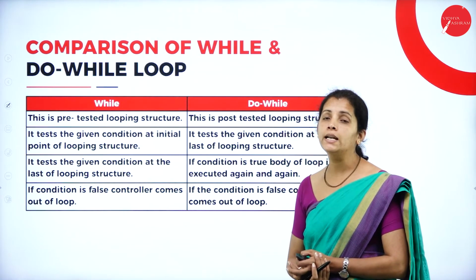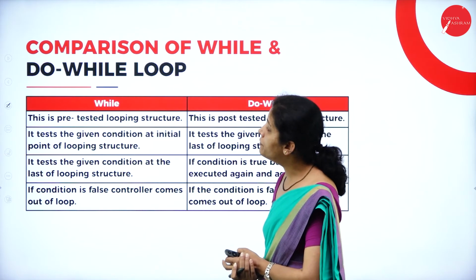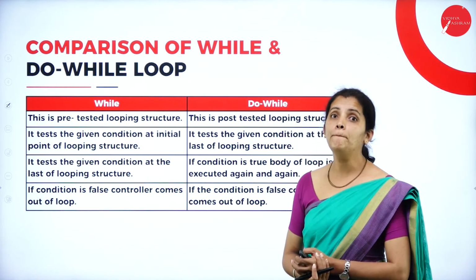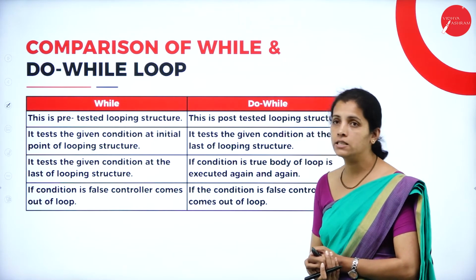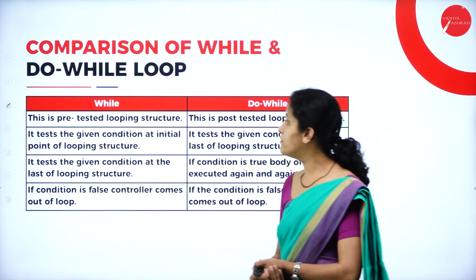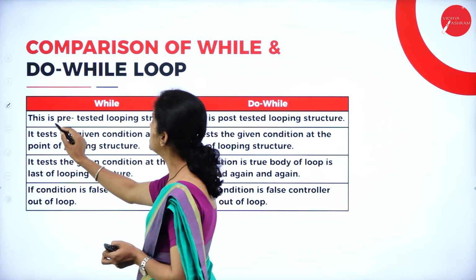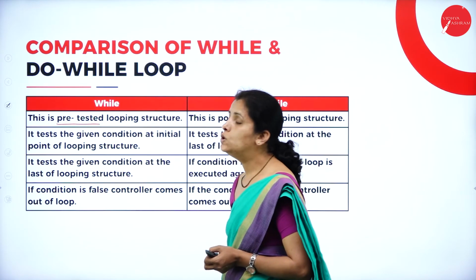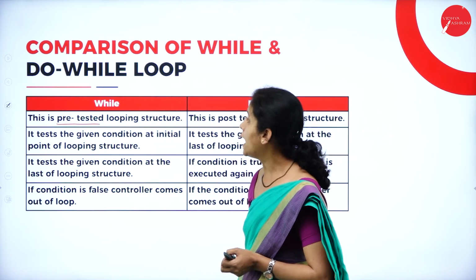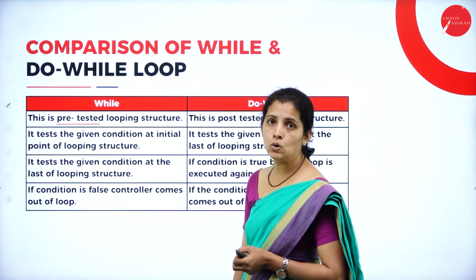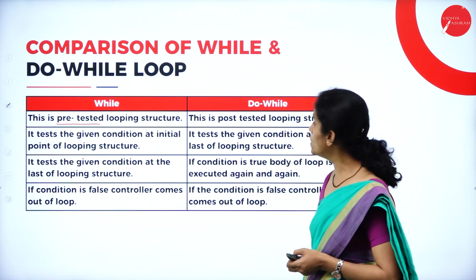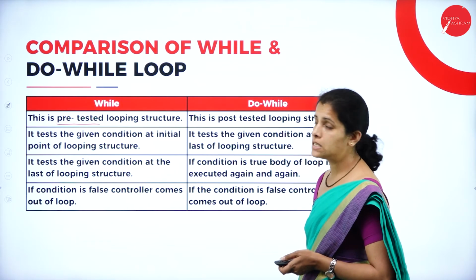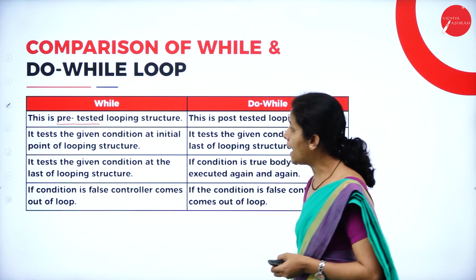Now, dear student, I'm going to give the difference, or comparison, between the while statement and the do while statement. So what is my first comparison? While loops are known as pre-tested loops, whereas do while loops are known as post-tested loops.